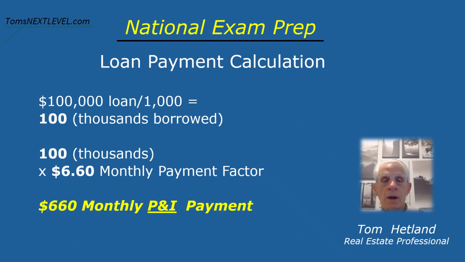Well, there are 100 thousands. So you're going to take the 100 and multiply it by the $6.60 for every 1,000, and that'll give you your monthly payment. So $6.60 times 100 is going to be $660 for the monthly principal and interest payment. Remember, this is principal and interest only so far.